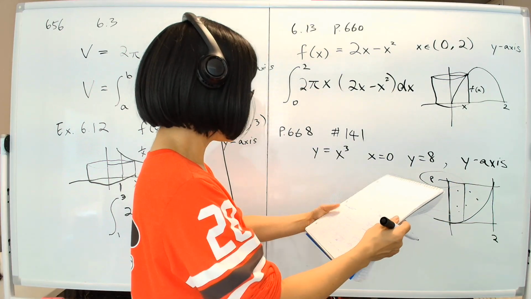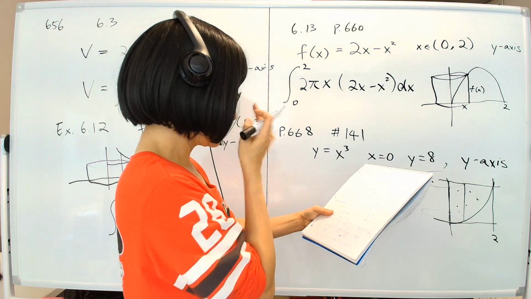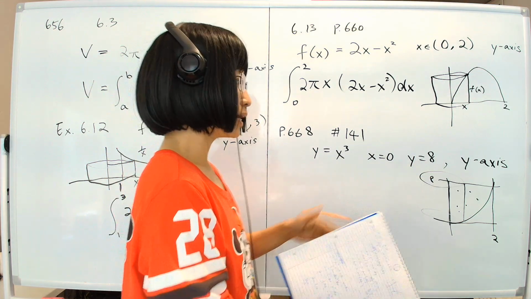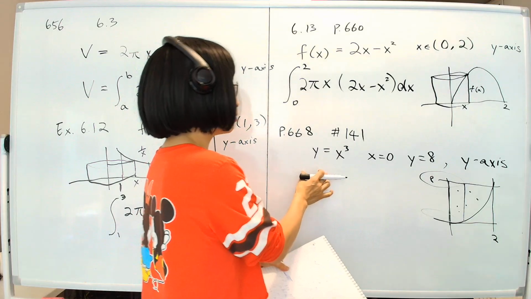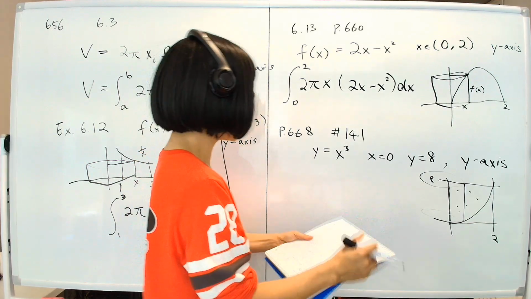So for our shell, we're spinning around the y-axis, which means that we're going to do dx. And therefore, everything goes pretty straightforward.